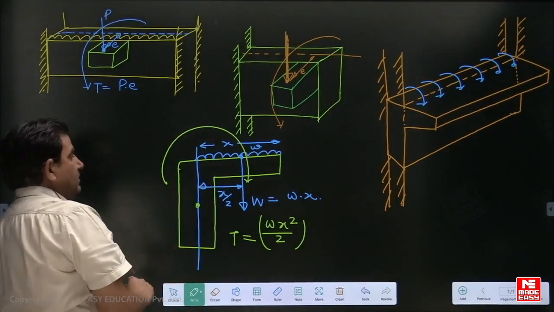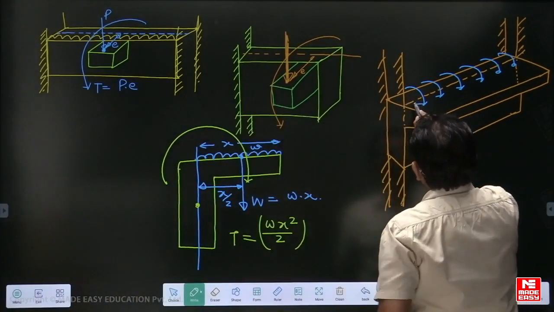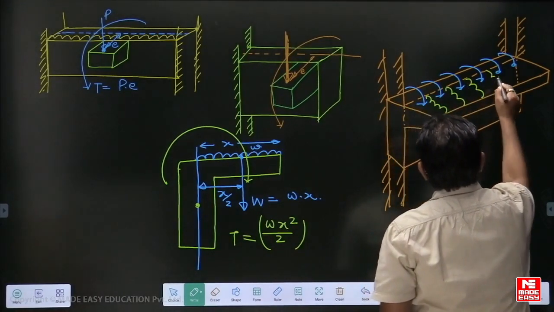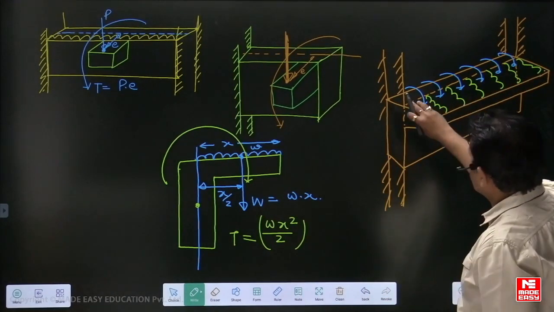You can calculate all these values. Whatever is the load acting on this cantilever, this UDL will create torsional moment for the main beam.